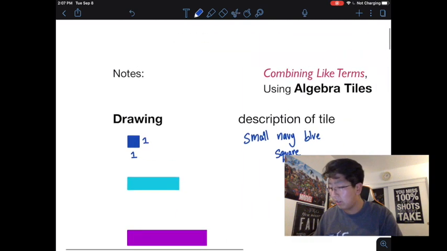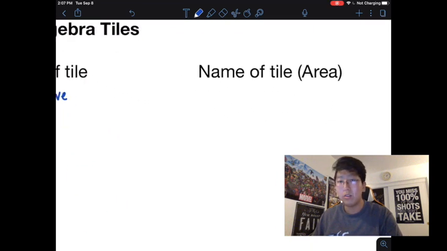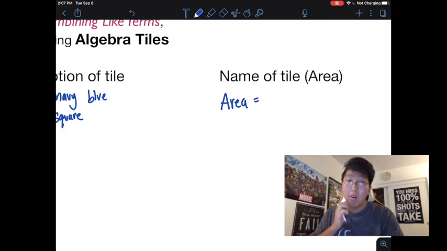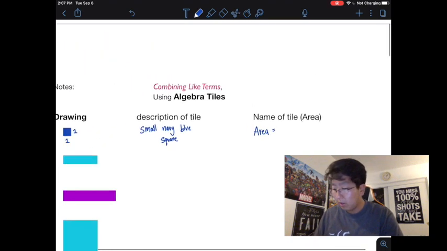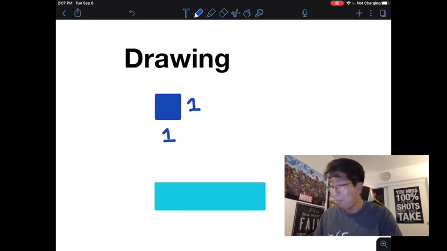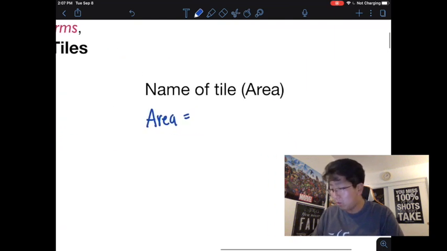On the right side, we're going to name the tile by its area. The area of this small navy blue square tile is base times height, which is 1 times 1, which equals 1.